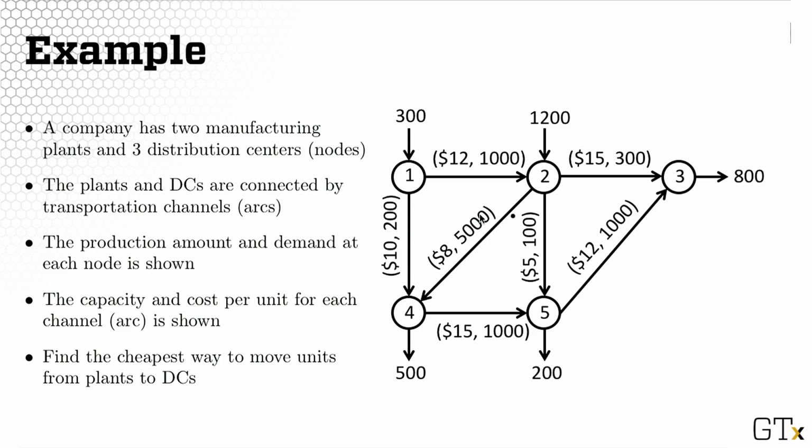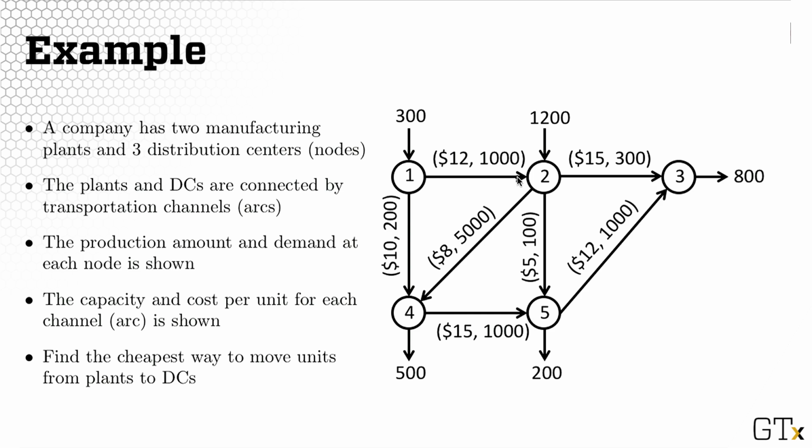In this particular example, the two manufacturing plants are node 1 and node 2, and they produce 300 units and 1,200 units, respectively. And then there are these demand locations or distribution centers, 4, 5, and 3. Distribution center 4 has a demand of 500 units, 200 units, and so on.